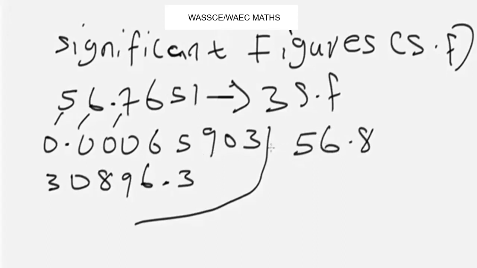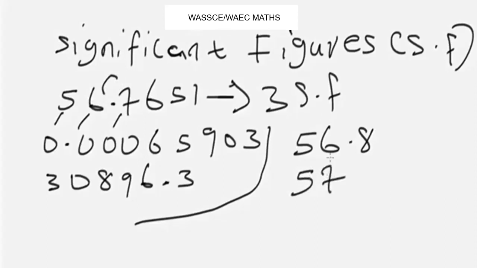Now, what if we are asked to round it to 2 significant figures? 5 is a significant figure, 6 is also a significant figure. So the 7 after this 6 is up to 5. You take it as 1 and put it here, so it's going to give us 57.